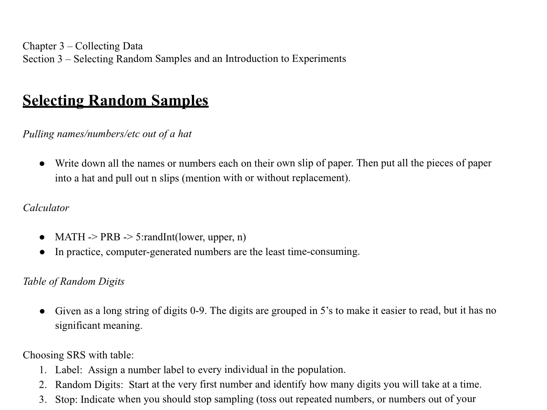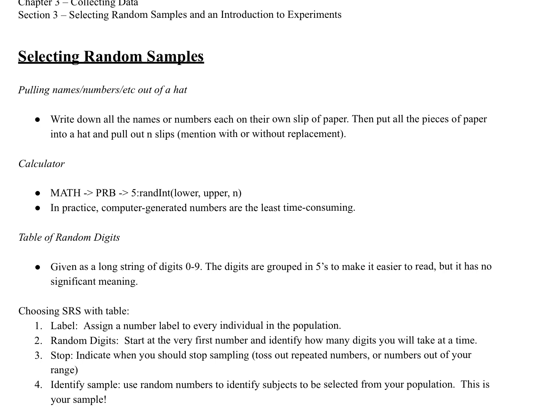So when it comes to selecting random samples, there are 3 common ways. The first one is pulling names or numbers or whatever out of a hat. So what you would do is write down all of the names for your population, or if you've already assigned numbers to everyone, the numbers on their own slip of paper, put all the pieces of paper into a hat and pull out whatever N number you want for your sample.